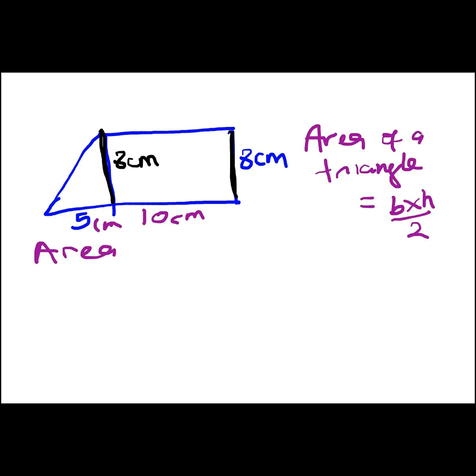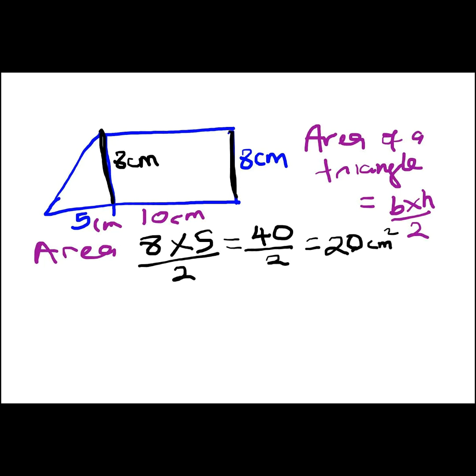Right. So the area of the triangle is 8 times 5. You now divide it by 2. 8 times 5 is 40. Then divide by 2. That's going to be what? 20 centimeters squared. Okay. Then the area of the rectangle is going to be what? 10 times 8, which is 80.